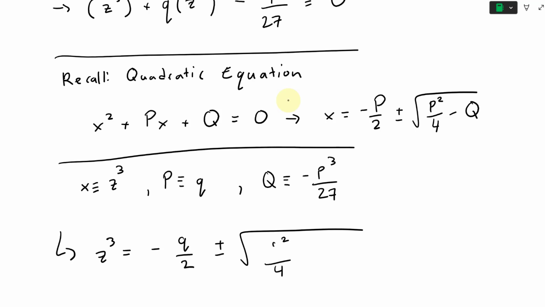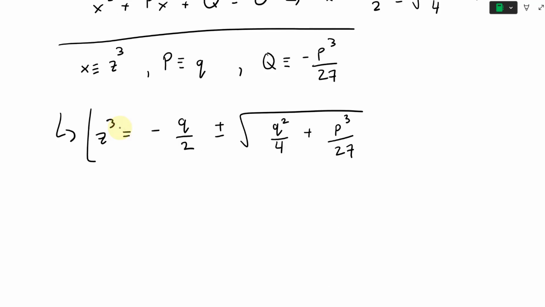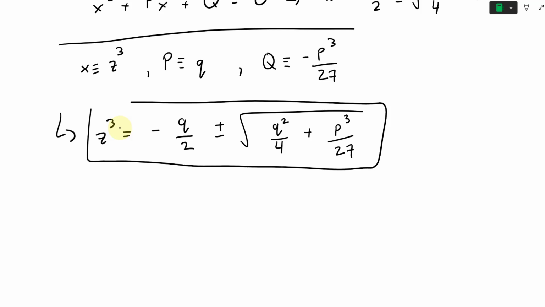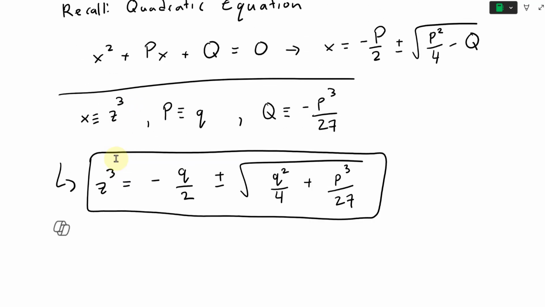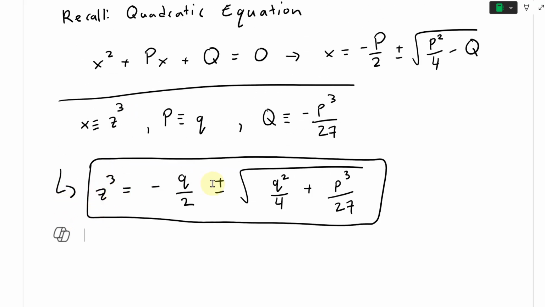And then minus q is going to be plus, lowercase p cubed divided by 27. Alright, and now let's just box this in, just for completeness. Okay, so we've boxed in our z cubed function there.